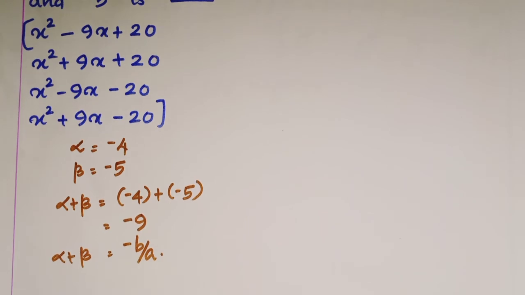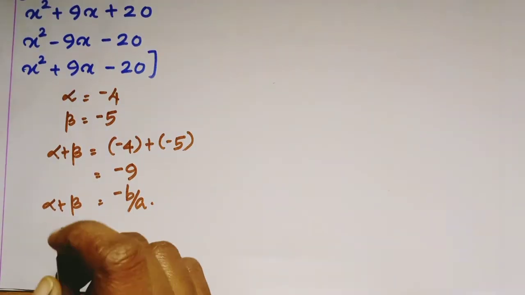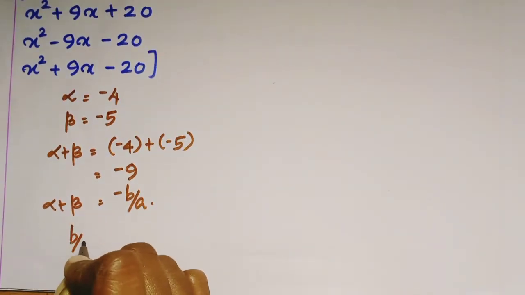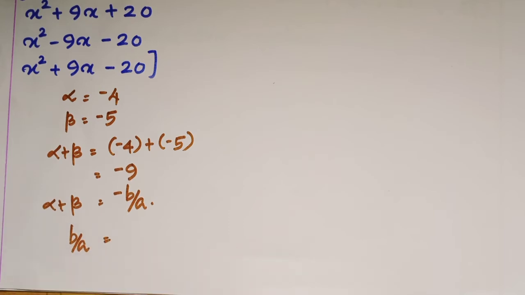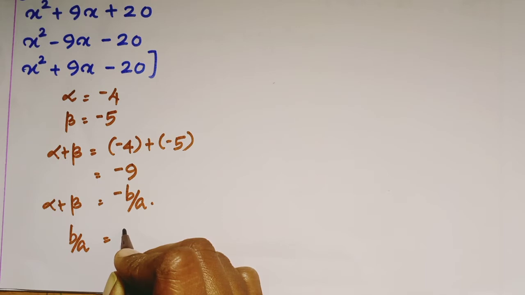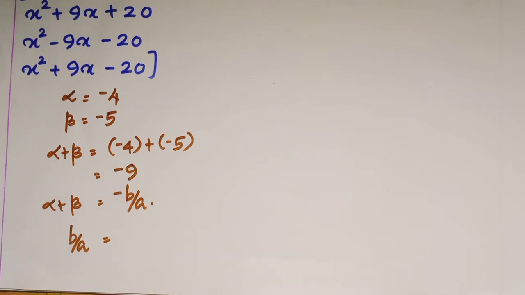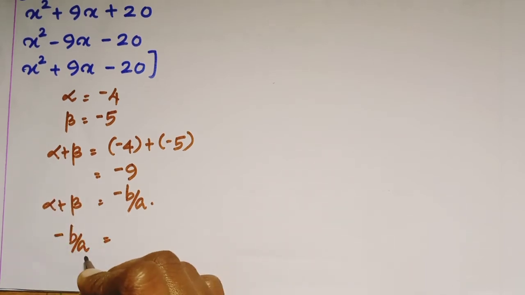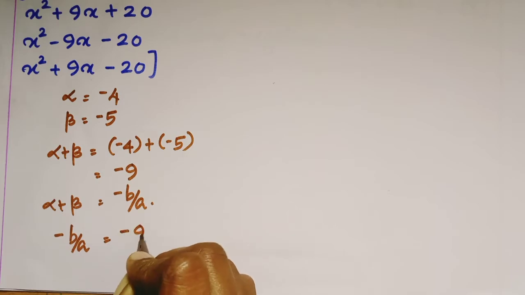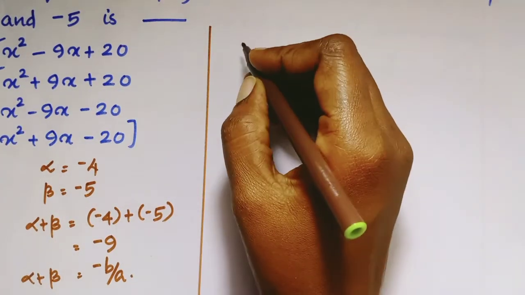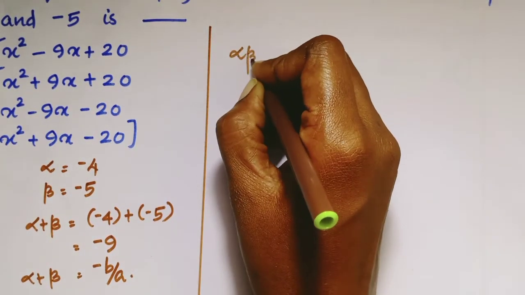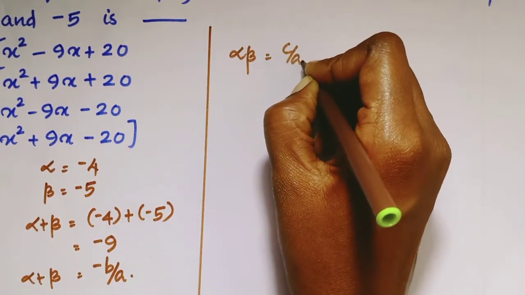Okay. Then minus b by a equal to minus 9. Again, alpha beta equal to c by a.